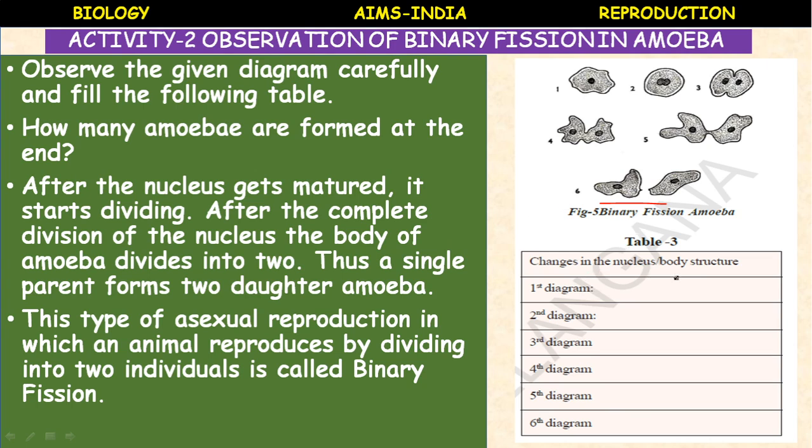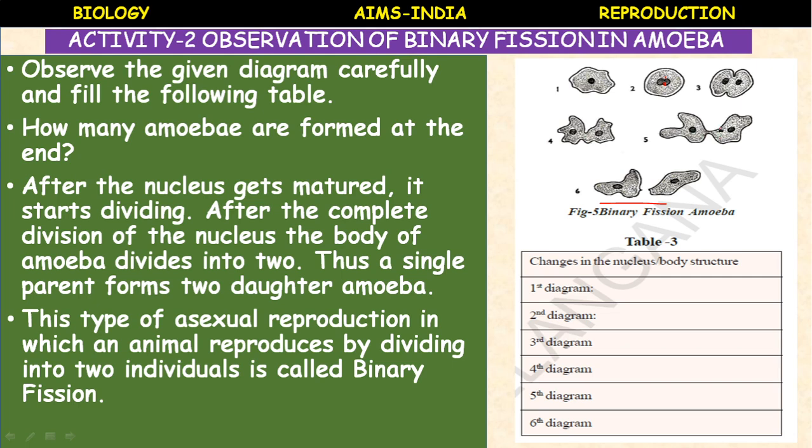The changes in the nucleus and body structure you can observe. In the first diagram, a small nucleus is there. In the second diagram, the nucleus matures and a small constriction starts in the middle. Next, in stage 3, the nucleus divides into two, and the constriction extends in the body of the animal also. In stage 4, the extension increases in size.